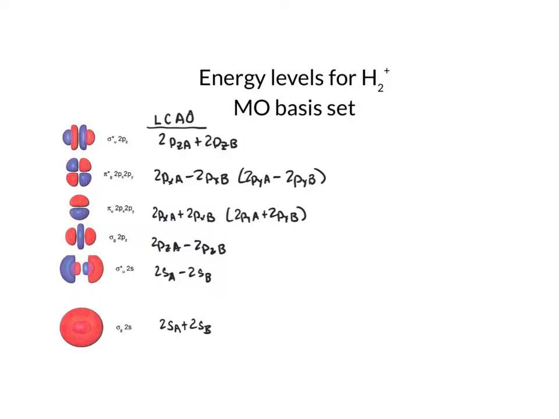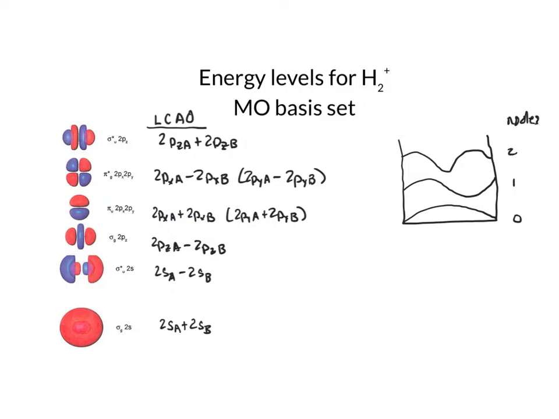So if you think back to our particle in a box wave functions, the lowest energy wave function had no nodes. The next one had one node. The next one had two nodes, etc. So 0 nodes, 1 node, 2 nodes.